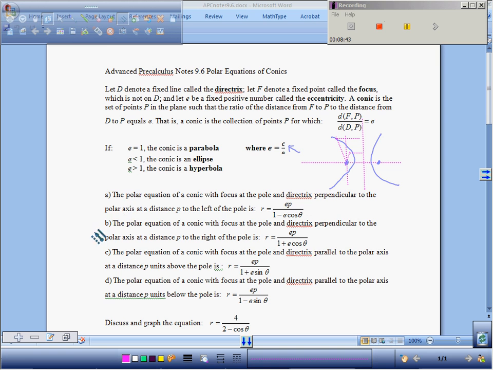All right. So these formulas are the ones you're going to use on these types of problems, where it says discuss the graph of the equation and graph it and all this kind of stuff. So we're going to work through a couple of these, which is a little bit confusing, but we're going to do it anyway.